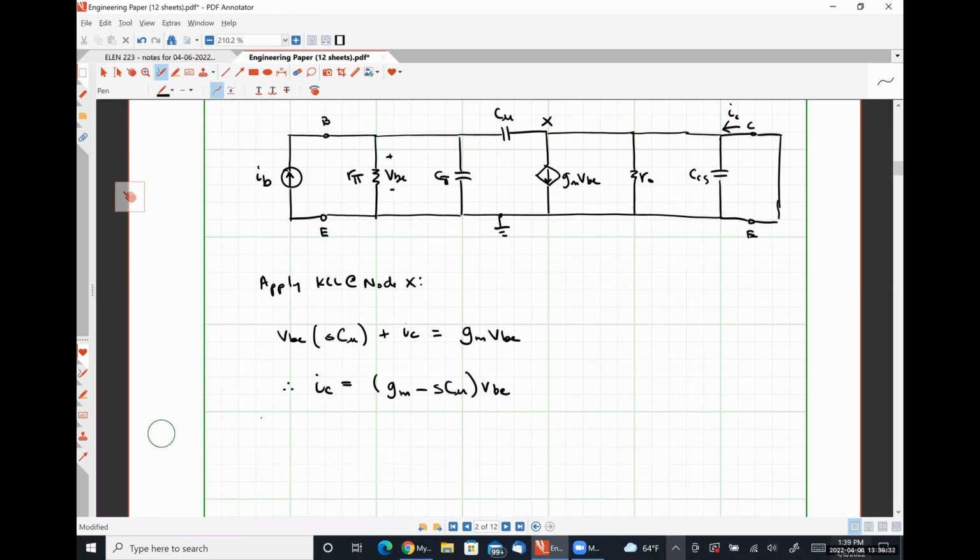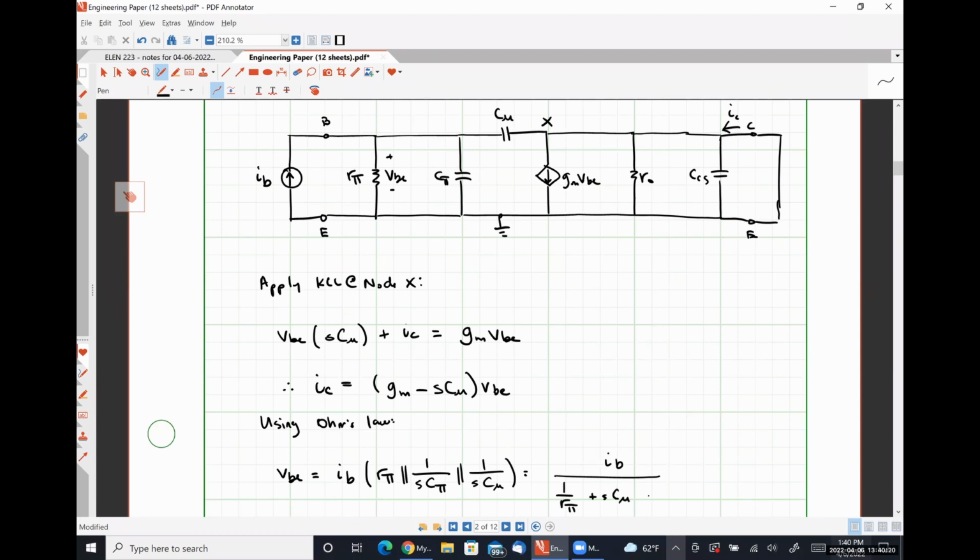Using Ohm's law, VBE is simply IB, our base current, times the parallel combination of R pi, 1 over S C pi and 1 over S C mu, which looks like IB divided by 1 over R pi plus S C pi plus S C mu.